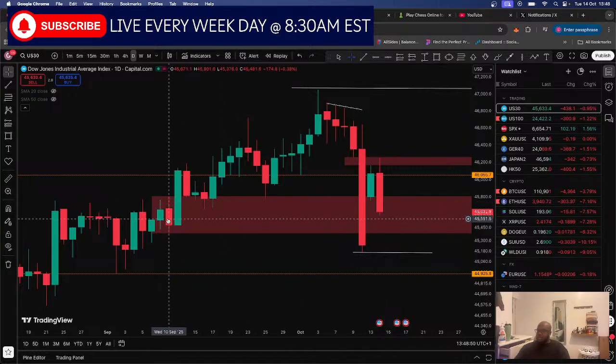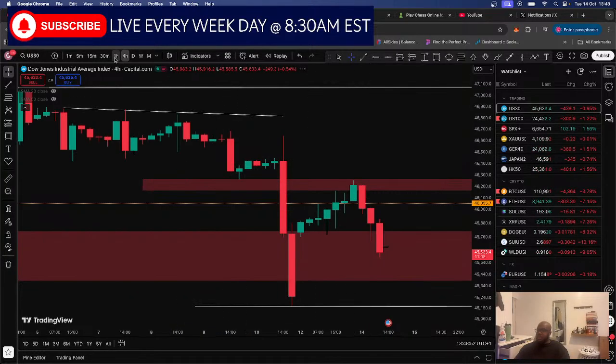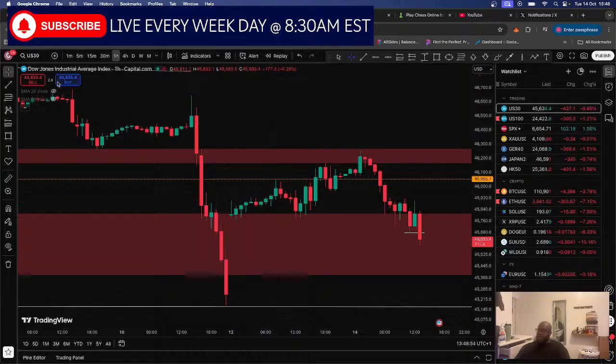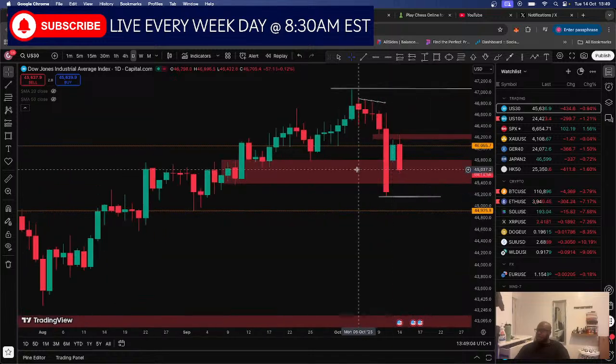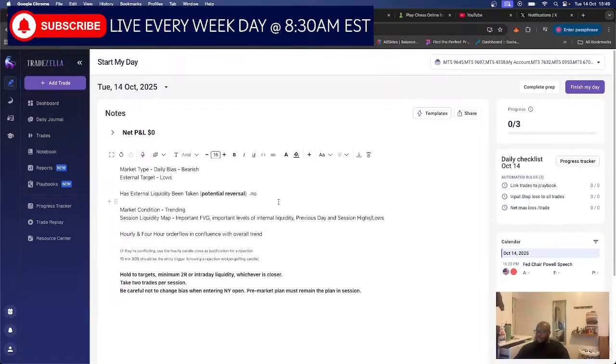Now, this is still an important level of demand. And we actually have conflicting analysis, because we have an area of demand right above our external liquidity. So I'm going to make a note of that.